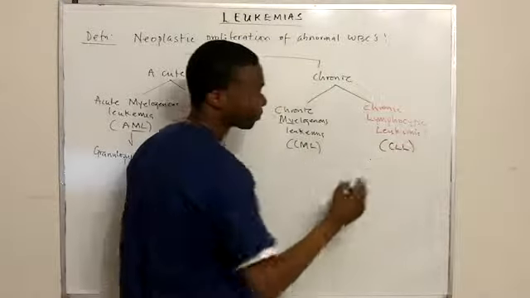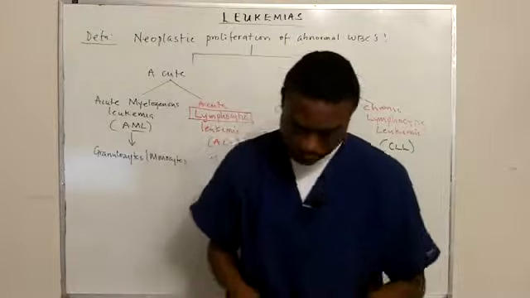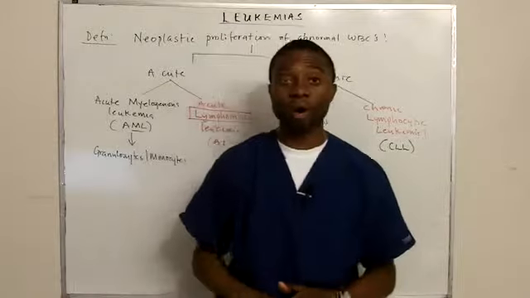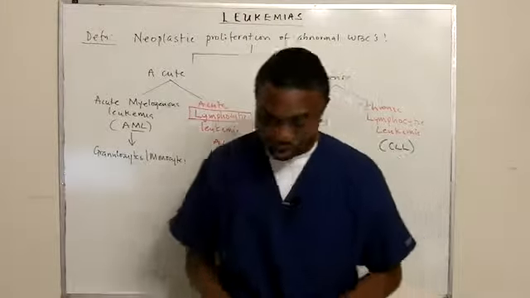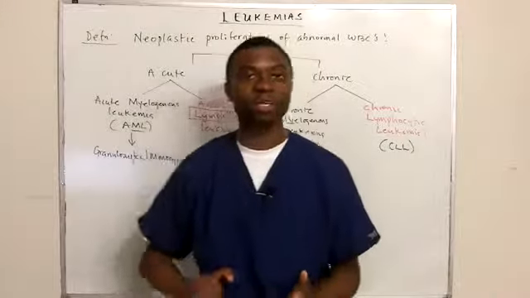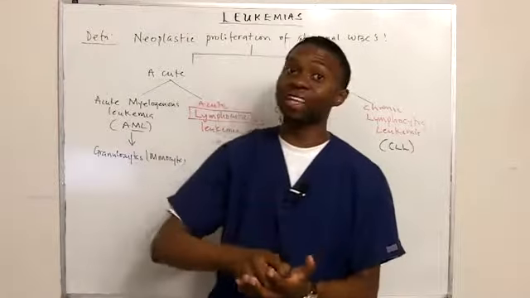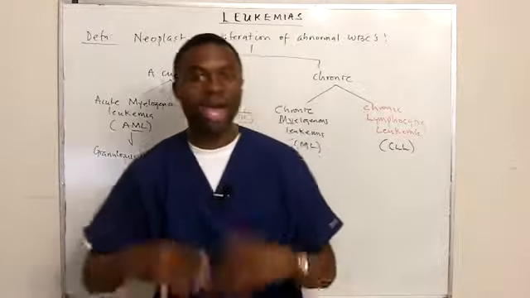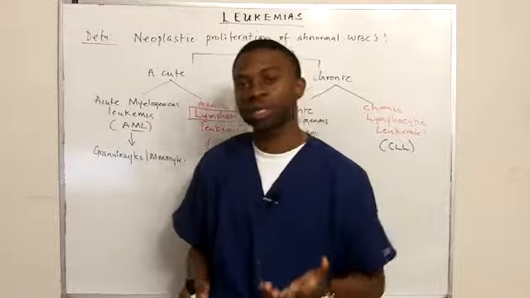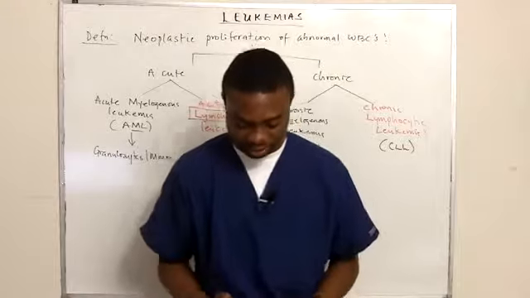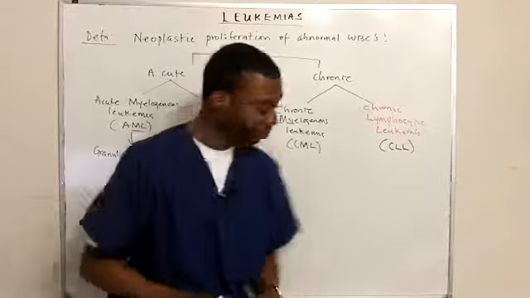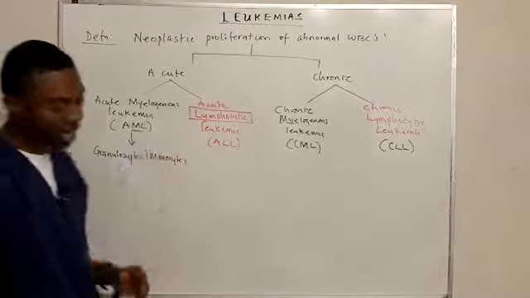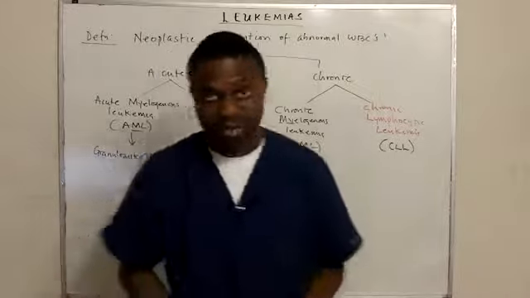Now, the maturity of these cell lines is often affected because once they become cancerous, we cannot make normal white blood cells anymore, and it can also tell us about the rapid progression of the disease. So let's take a look at acute leukemias.